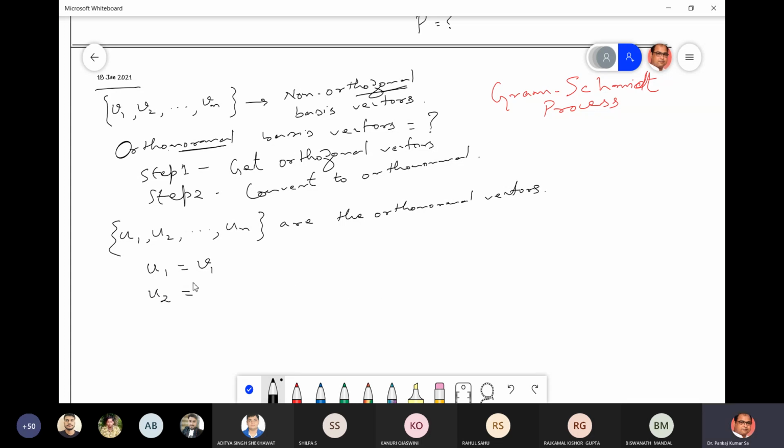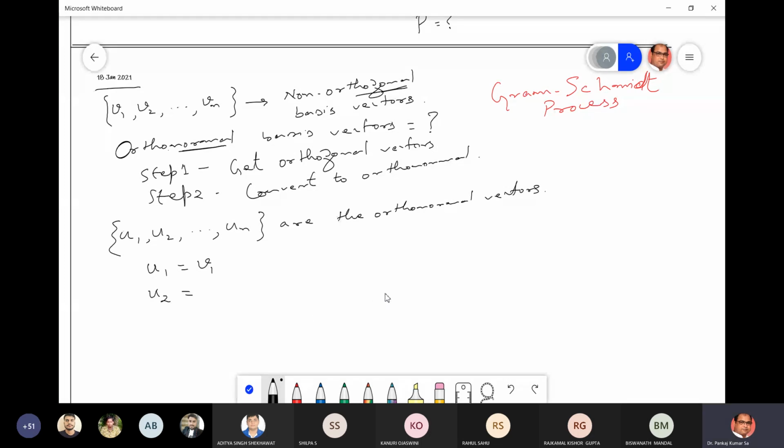Obviously, v1 and v2 are not orthogonal. However, u1 and u2 have to be orthogonal. So u1 I have taken as one of the basis vectors. What should the vector u2 be so that it will be orthogonal to u1?